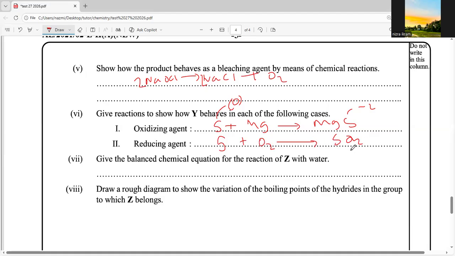So here 0 goes to +4. So it can act as a reducing agent. But hold on. If it is acting as a reducing agent, something else should be reduced. We can't take it here. We have to write a redox equation.